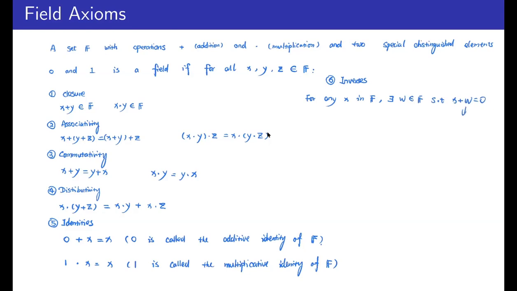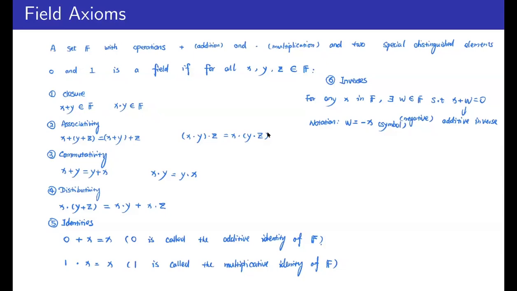In this case, your w is called the additive inverse, or in other words, we can call it the negative. We usually denote w as minus x. But remember, this is just a symbol. It doesn't really mean minus x. It means that it's the additive inverse of x. It's the negative of x.